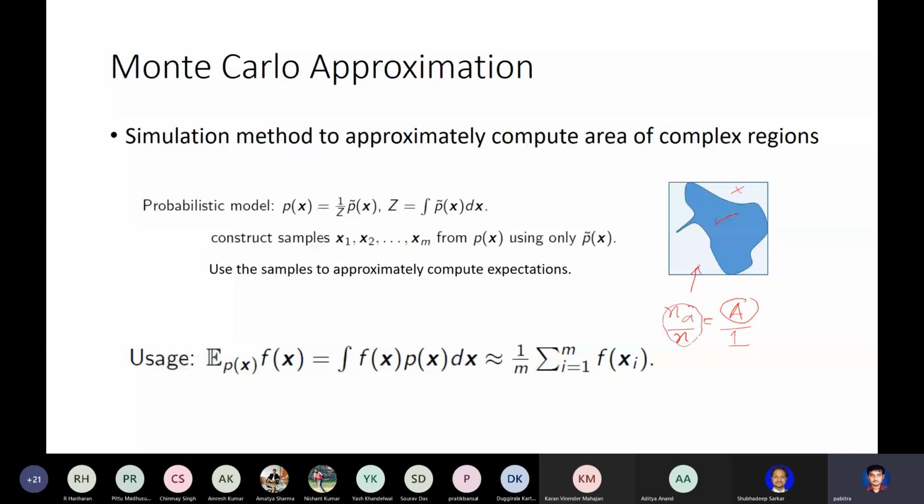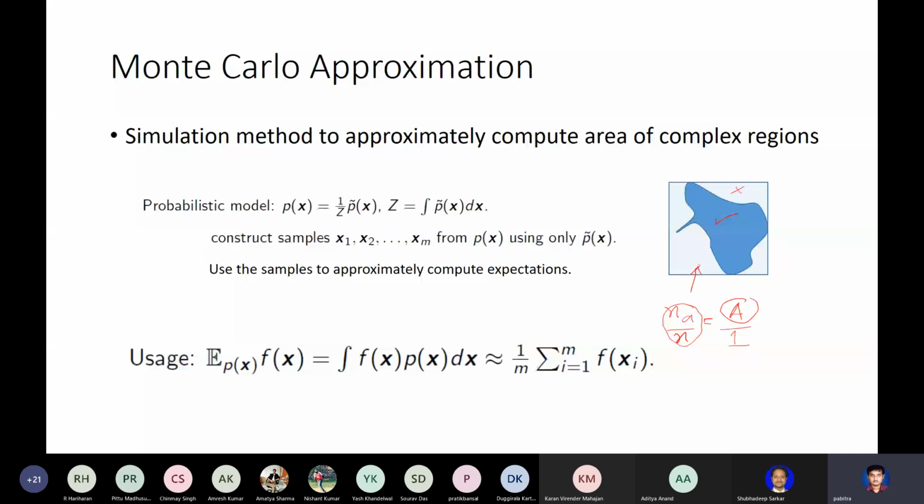And it's not just area. In fact, this is a Monte Carlo approximation of this area. You can find out any other moment, say the moment of inertia or something, anything you can find out. So in general, you can think of area as an expectation.